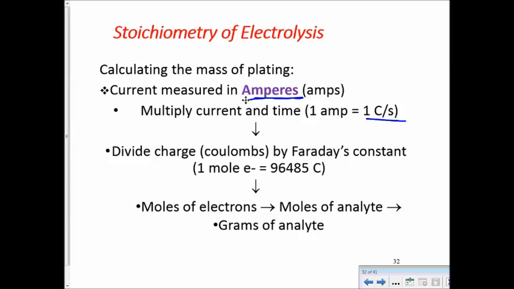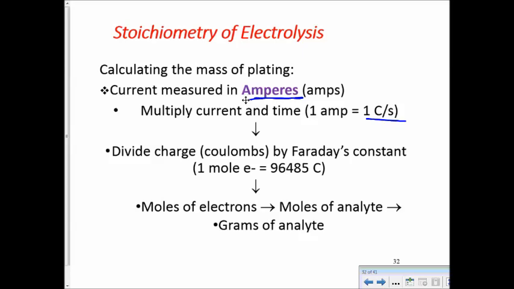We want to pull it out of the solution. And then we can change that into the grams of the analyte, so it's a measurable amount on a scale. You're going to do moles of electrons to the moles of the substance in the balanced reaction, and then you can do molar mass to get to the grams. Yes, exactly right.